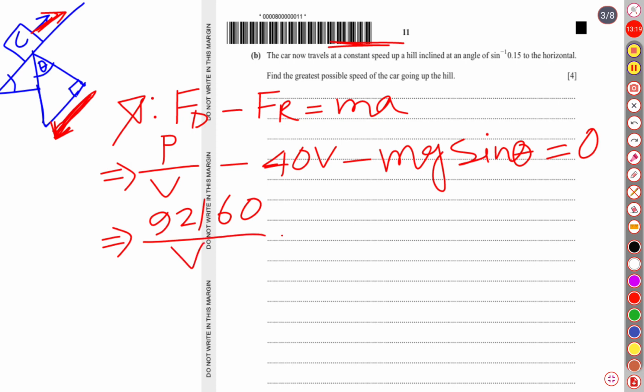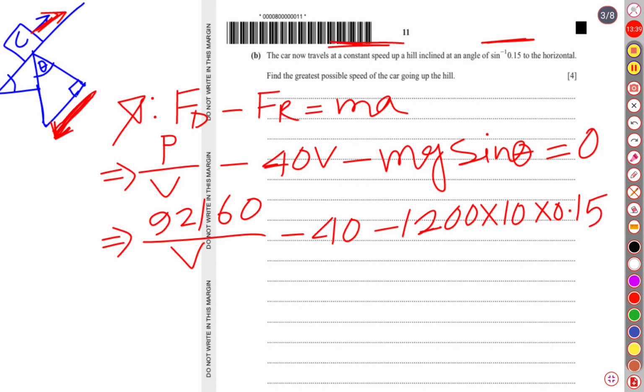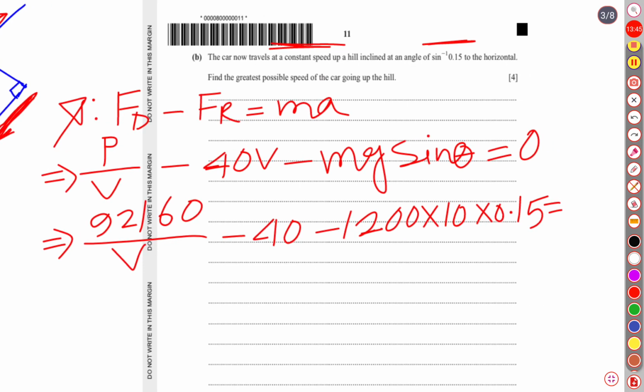So 92160 over V minus 40V minus mass of the car, which was 1200, into acceleration due to gravity, 10, and sin theta is given as 0.15, equal to 0. It is going to be 0, as the right side is 0.